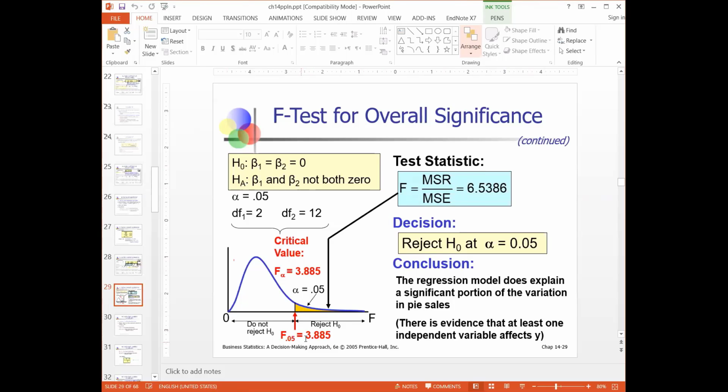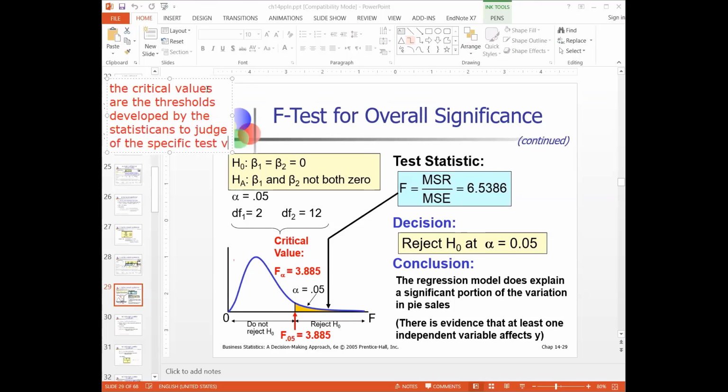The critical value in the books is, so first of all, let's write about the critical value. Critical values are the thresholds developed by statisticians to judge if the specific test value is significantly big or not.